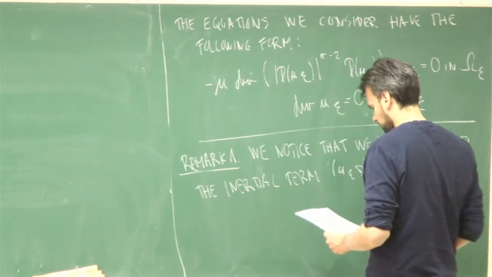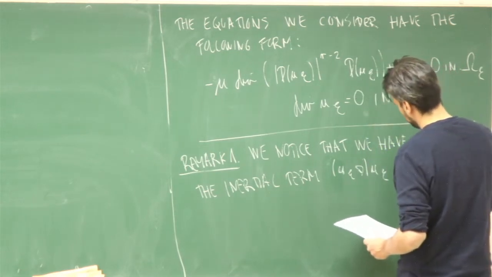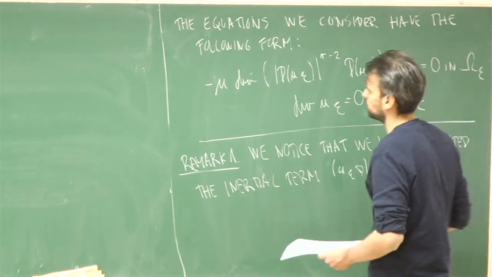So U epsilon, gradient U epsilon into 1. So this is 2.